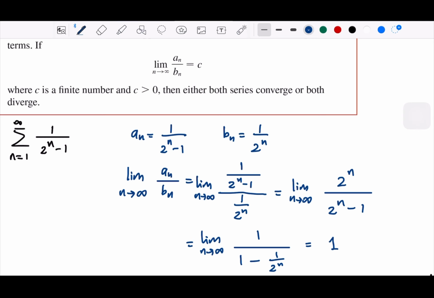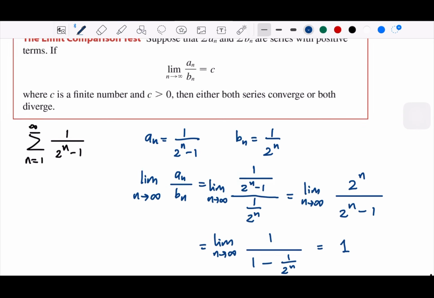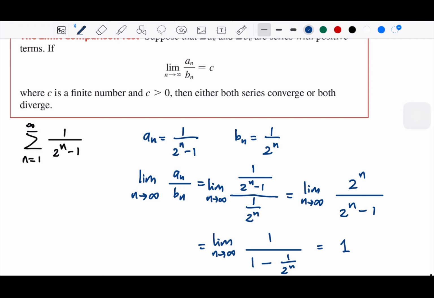So what conclusion can we take from here? It's a positive number, 1, the same as the conclusion of the test. Since bn is convergent, then this one is also convergent. That's how we read this conclusion. Both series converge or both diverge, so it can be either.